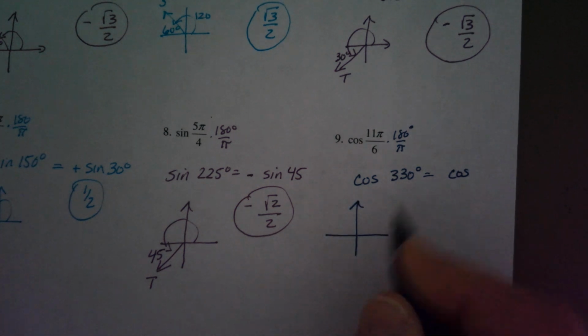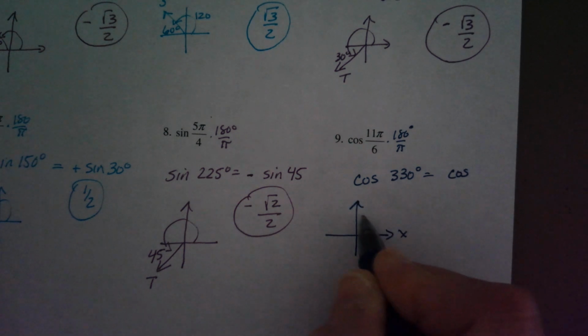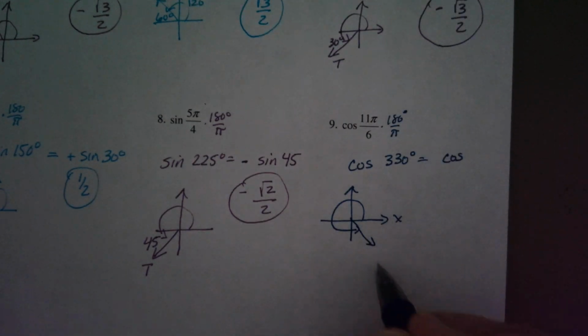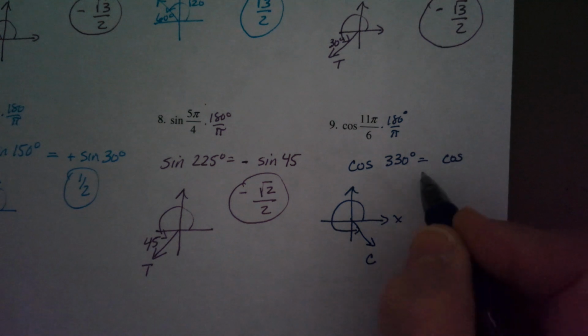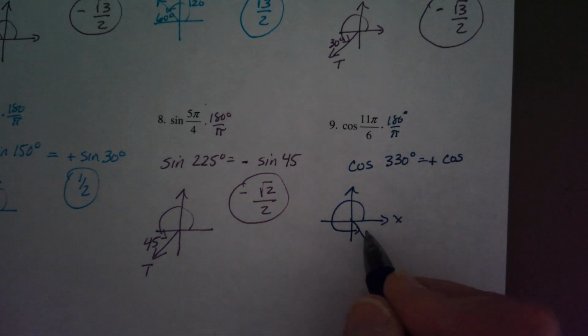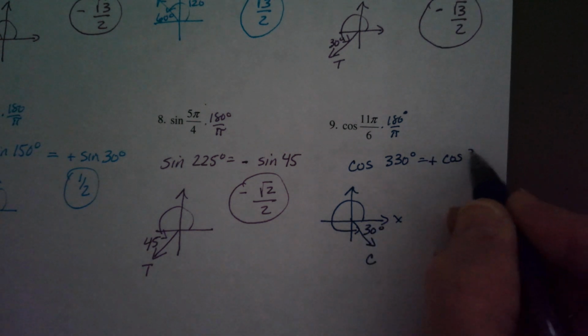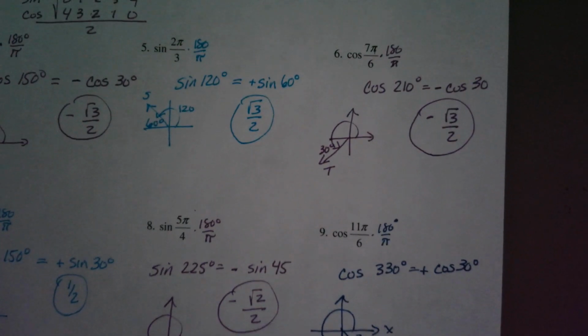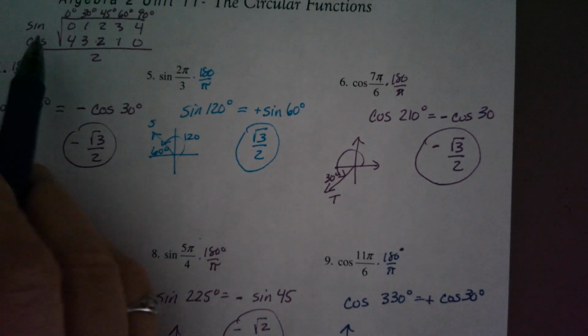So is it positive or negative? A 330 degree angle, we end up in quadrant 4 where cosine is positive. So positive cosine and a reference angle of 30 degrees. Cosine of 30 degrees, square root of 3 over 2.